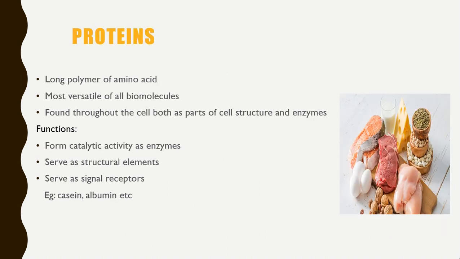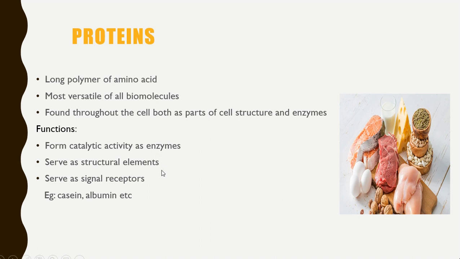Then coming to the next one, the proteins. These are the polymers of amino acids, and the most versatile of all biomolecules, because all your metabolism, everything occurs because of these proteins. And these are found throughout the cell, both as a part of cell structure and as enzymes. Then coming to the functions, they form catalytic activity as enzymes, I told you.